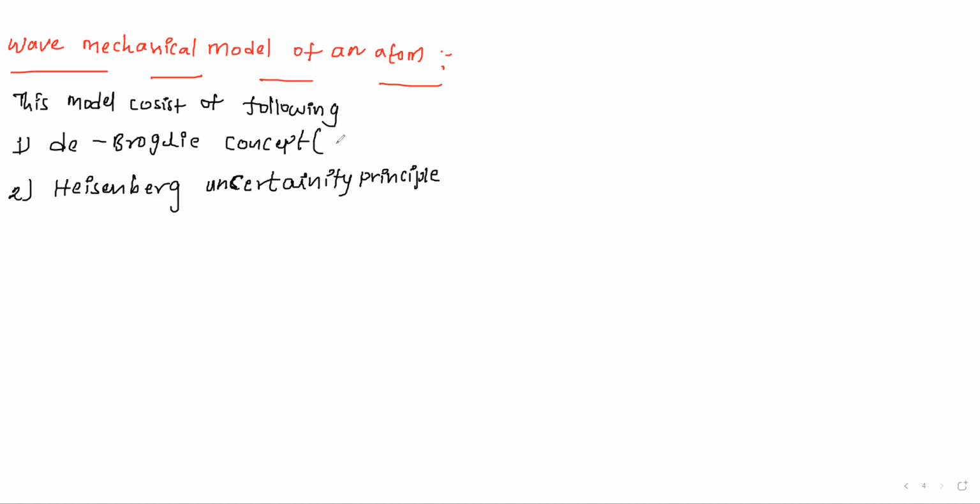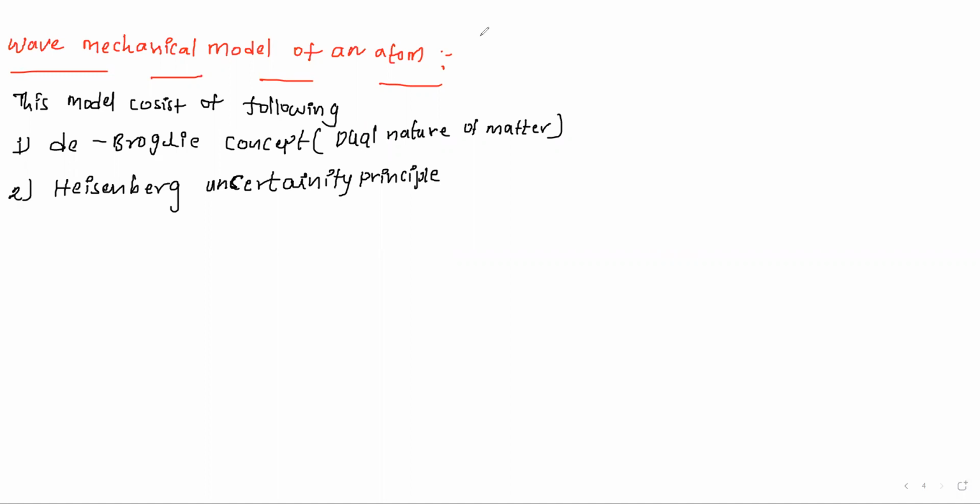De Broglie concept is nothing but the dual nature of matter. Okay, the wave mechanical model consists of two: the de Broglie concept, which is nothing but the dual nature of matter, and the Heisenberg uncertainty principle.